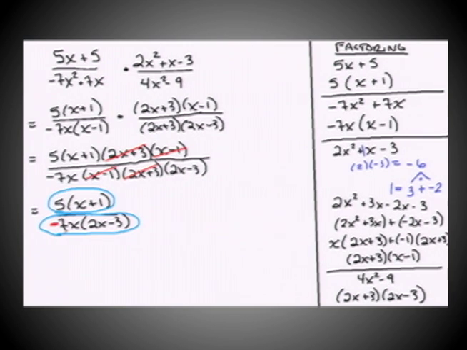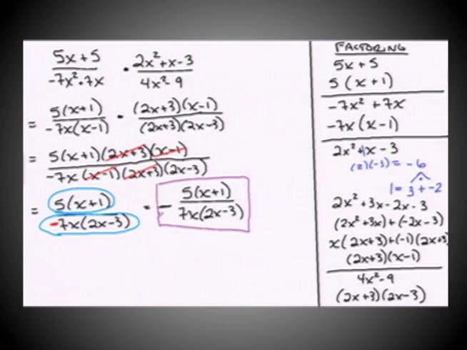So to get that negative out of the denominator, we just call the entire expression negative and transfer the negative out front. So we have negative 5 times (x plus 1) divided by 7x times (2x minus 3). Now this is a completely acceptable form to leave your answer in, nice and factored.